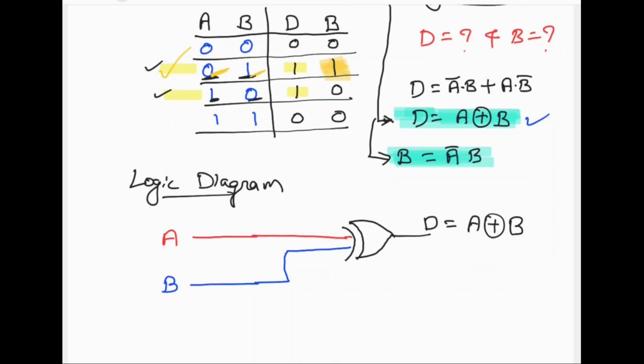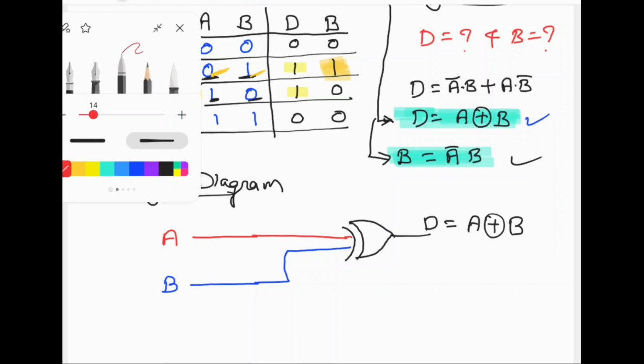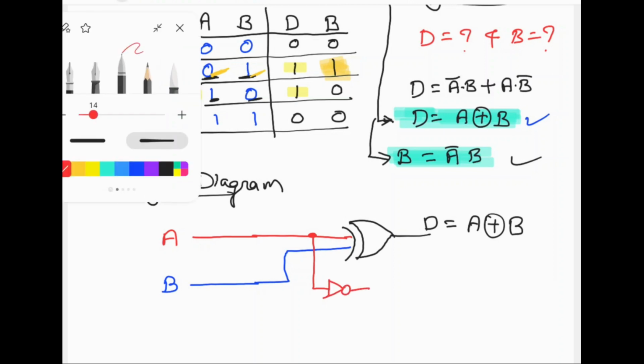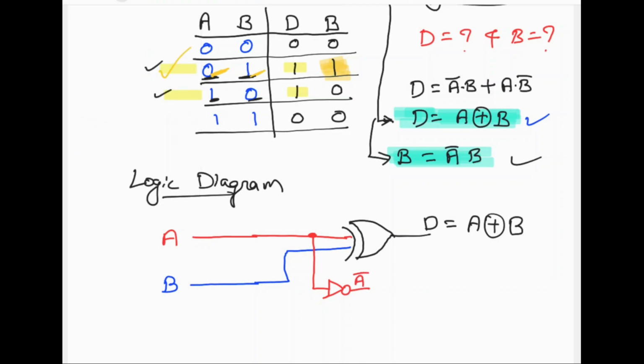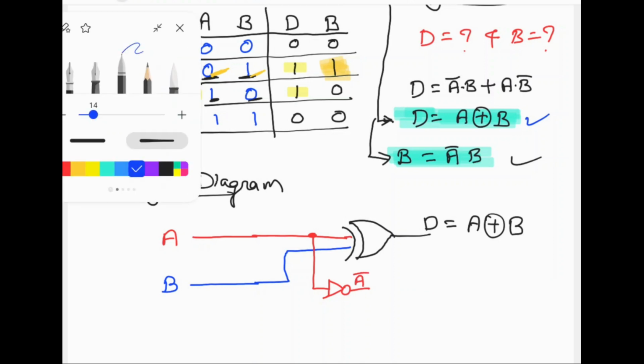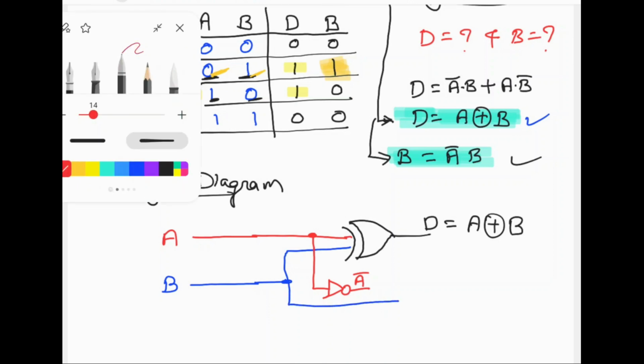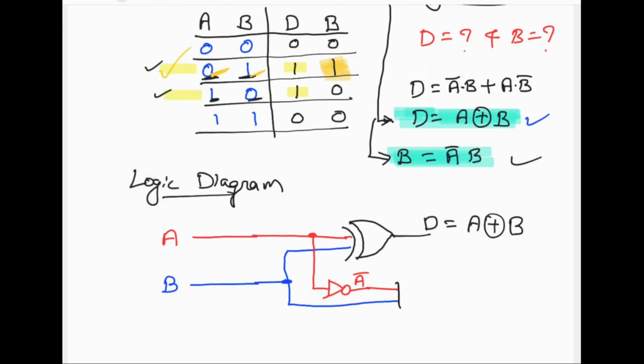And now what is borrow? Borrow is A bar B. So we want to take this A and invert it. Now this is A bar, and now take this B. We need to multiply both these.